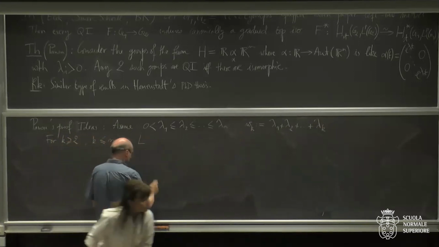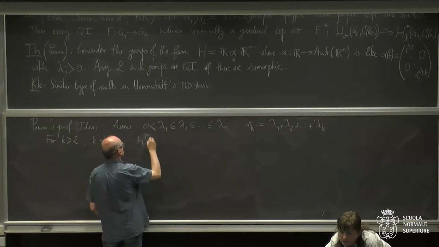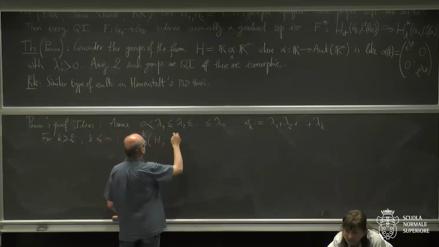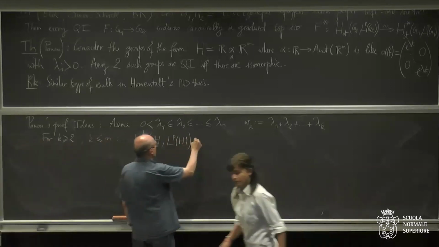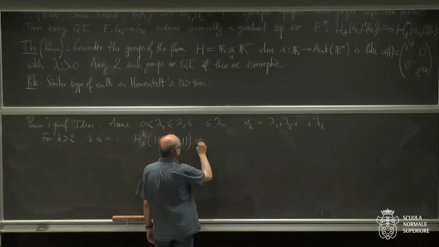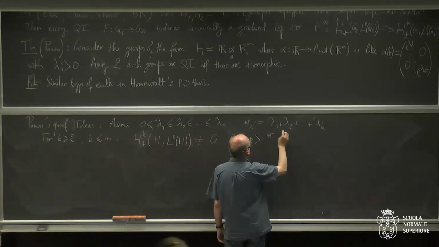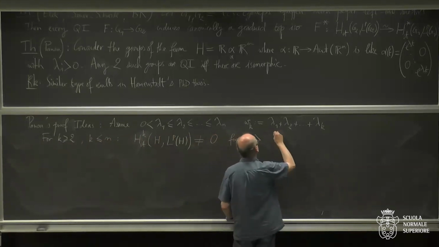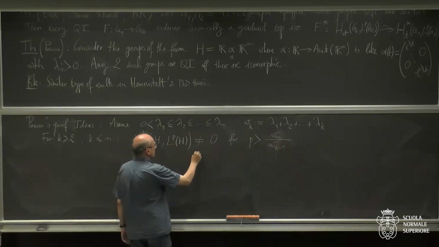the cohomology with values in L^p of H is 0 for p larger than w_n divided by w_{k-1}.